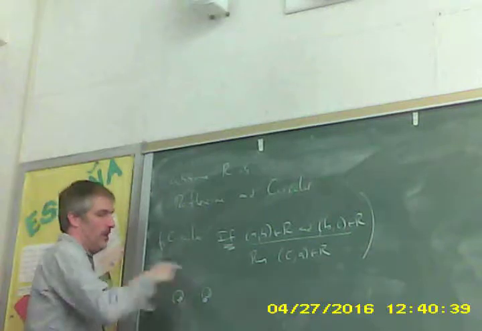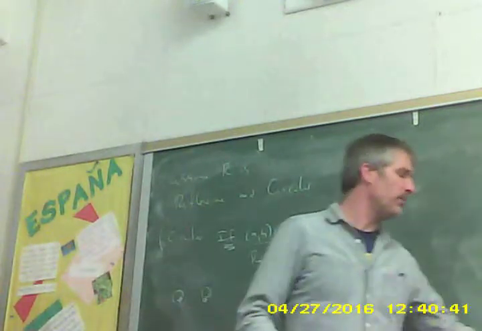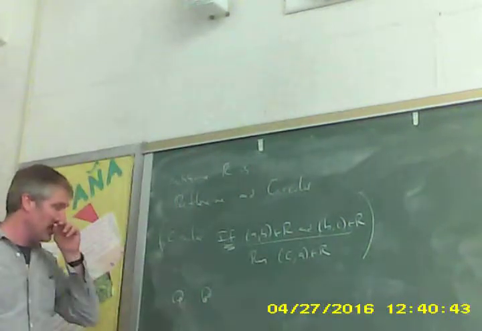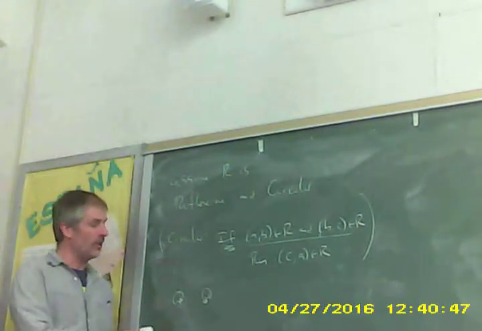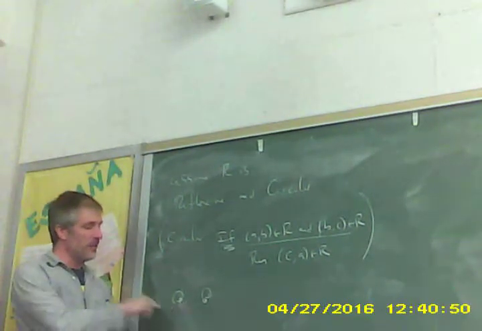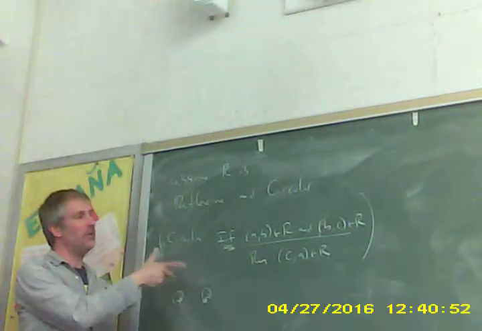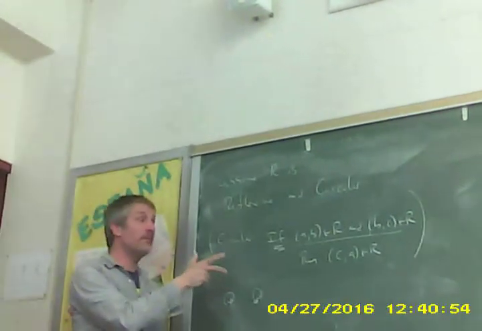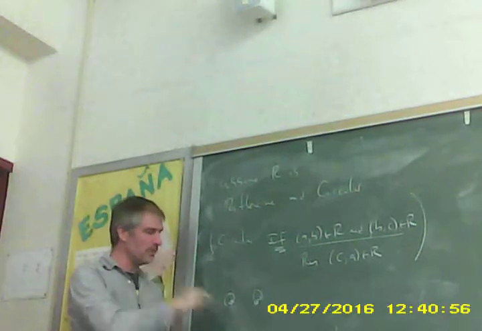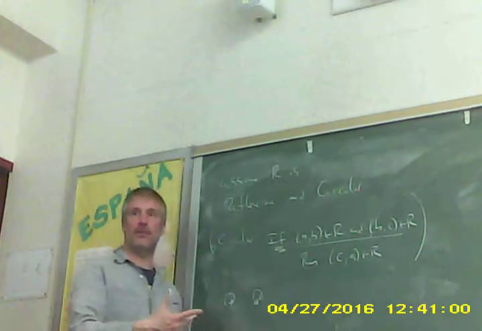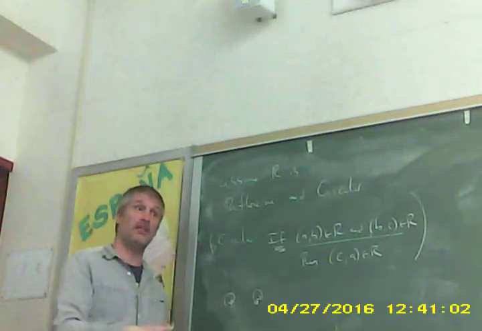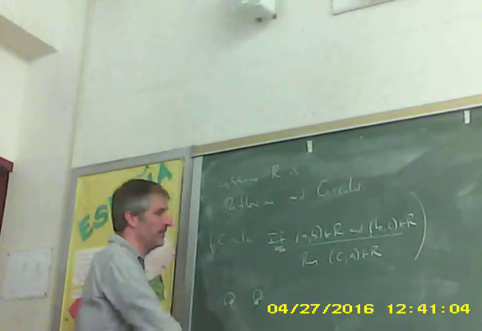And so most people that were having problems with this one made assumptions about AB and BC being in there. And we don't know that necessarily. It's an if they're there, it's a hypothetical.